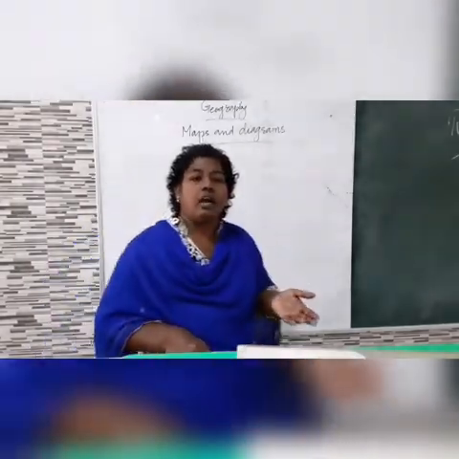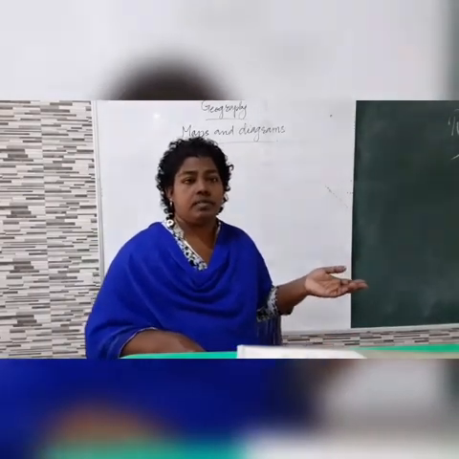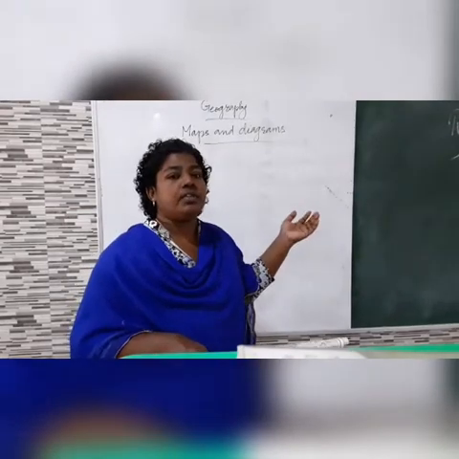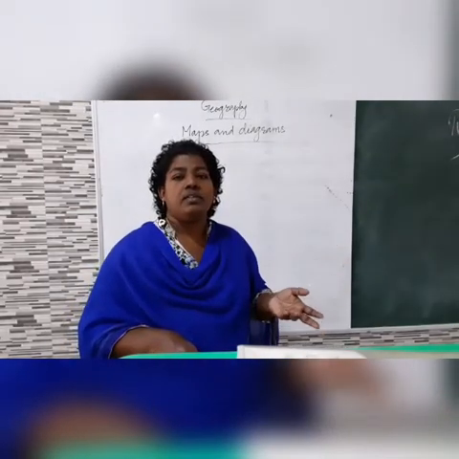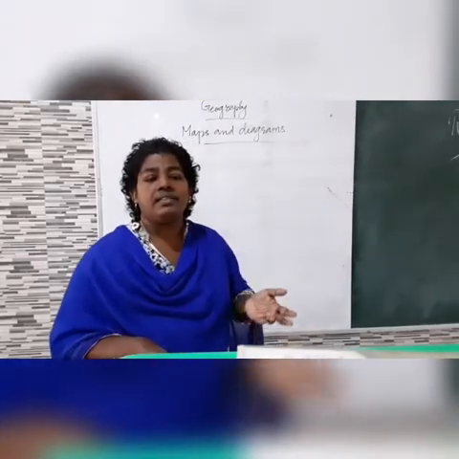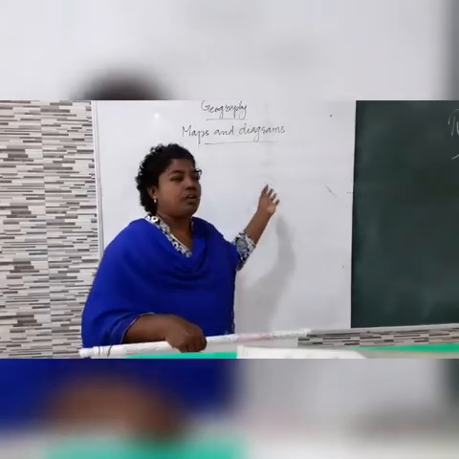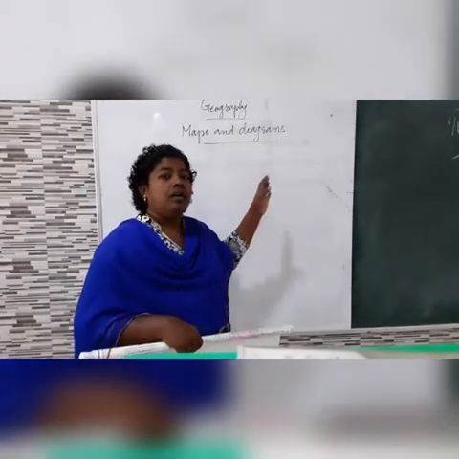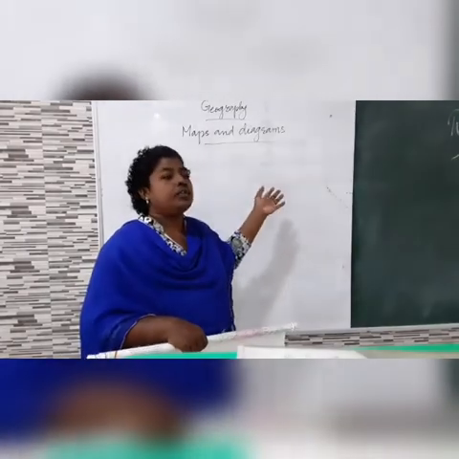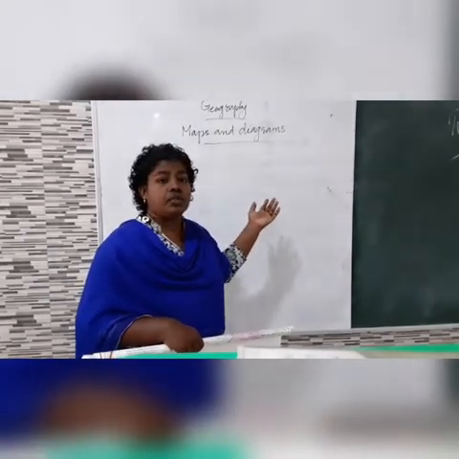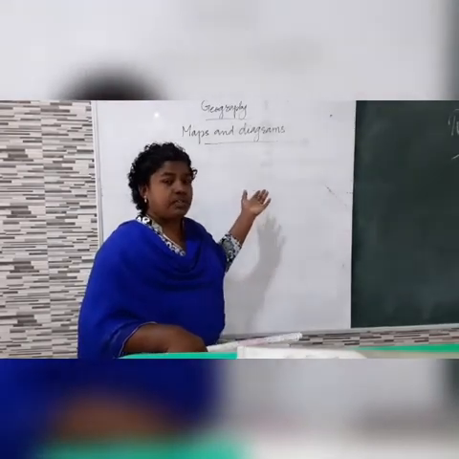And what all things come under geographical or natural features? Physical features such as mountains, plains, plateaus, hills, valleys, deserts and cliffs come under natural features. And what all things come under the man-made features?